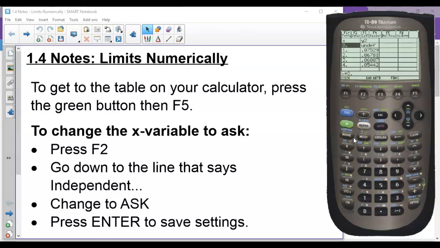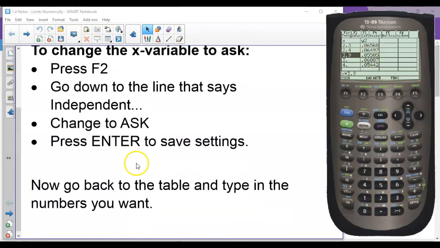Right now it's automatically showing the numbers, but because I've changed it to ask, if I press 2.3, then it'll give me the value for 2.3, and I could go down and do 2.4, then 3.9, and I can just type in whichever values I want. This makes it a little easier to find limits numerically.